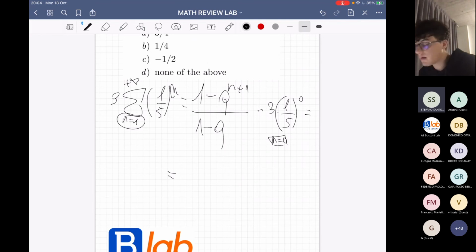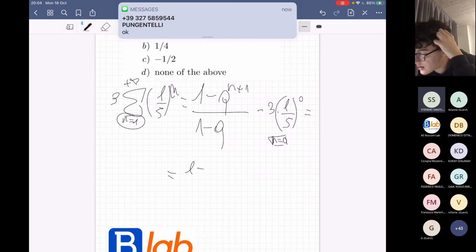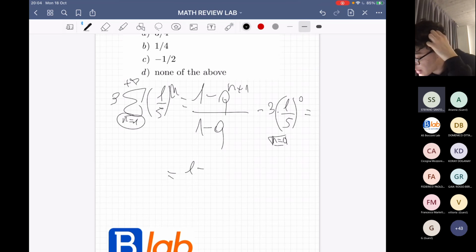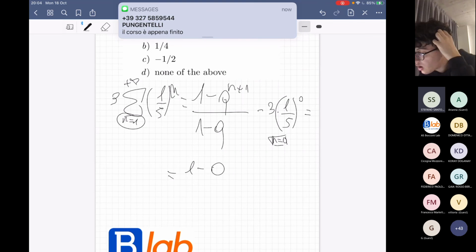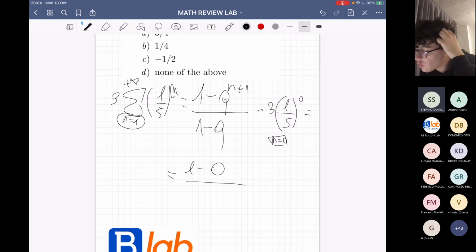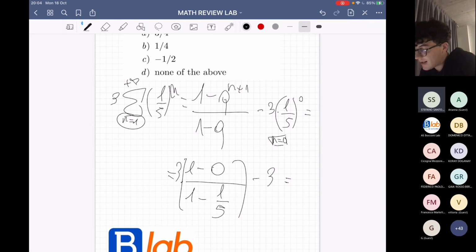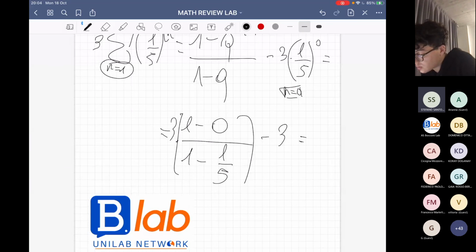It's exactly the same, and here 1 minus this is simply 0 as before, over 1 minus 1 over 5, and it is all multiplied by 3, minus 3 times 1, so minus 3.